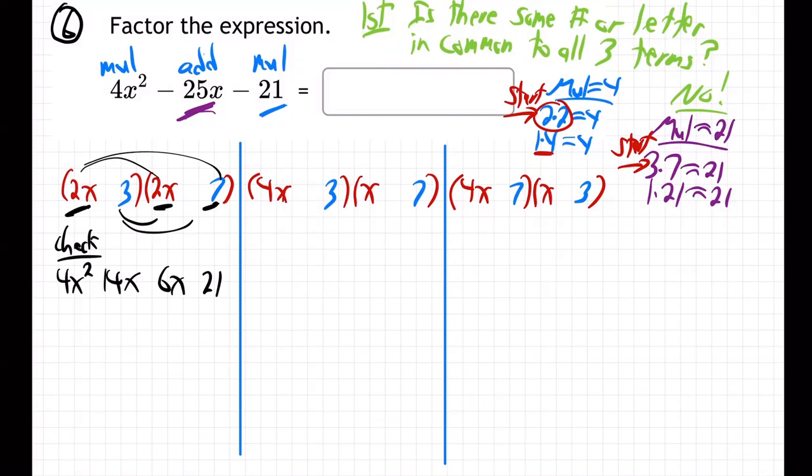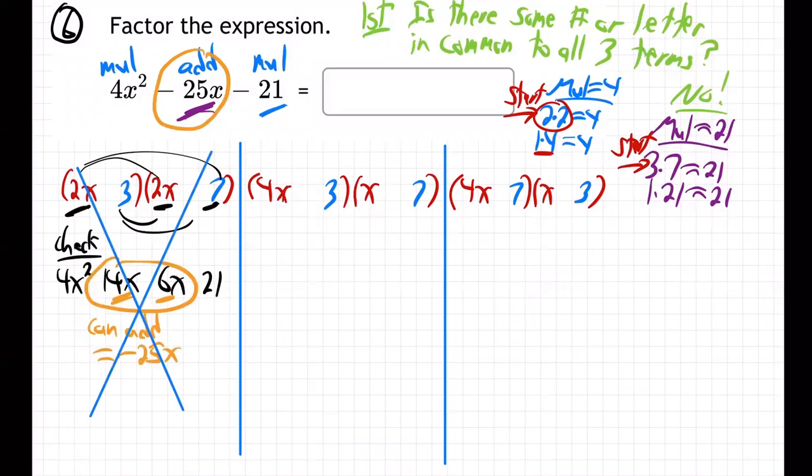Can these 2 middle ones add to equal negative 25x? No, 14 and 6 make 20. So that's a no-go on that one. All right, next one.